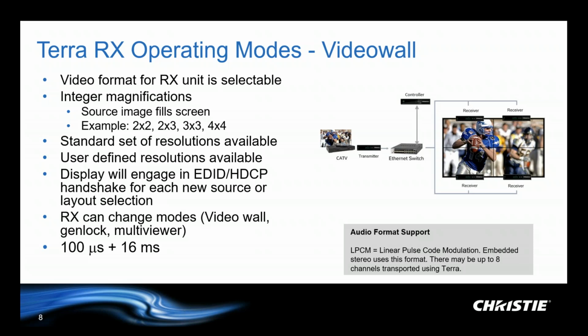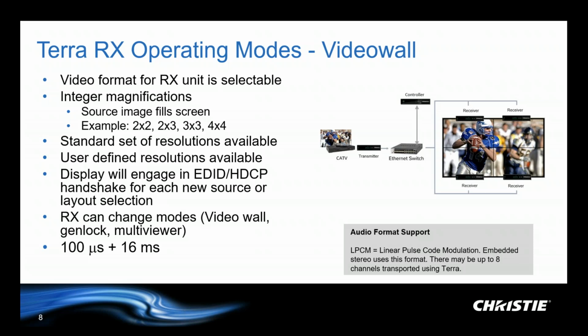It does have EDID and HDCP handshakes. For when you're switching sources, there is a little bit of delay on this as well, the same as for the fast switch mode, so we can actually scale the source across the different receivers and so on. It's still only 16 milliseconds.